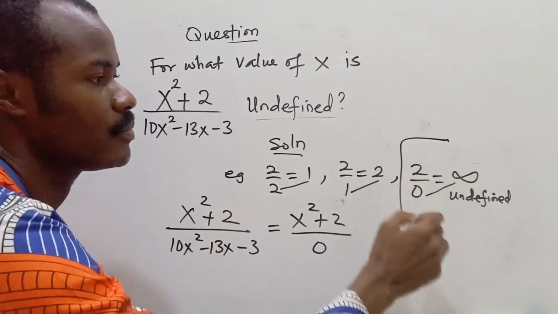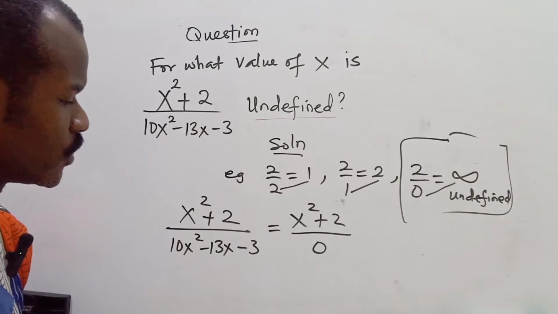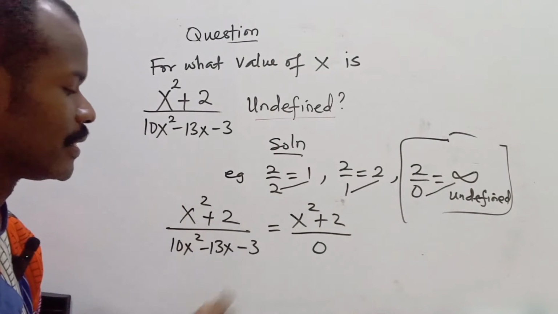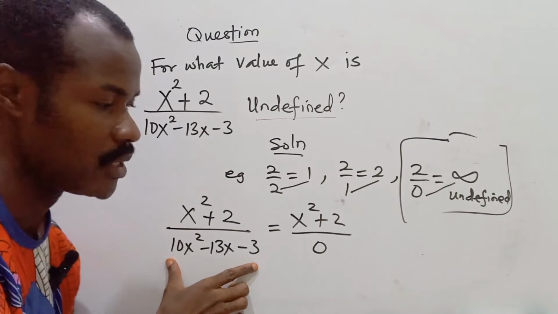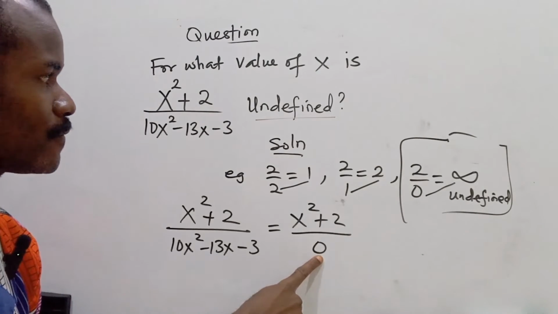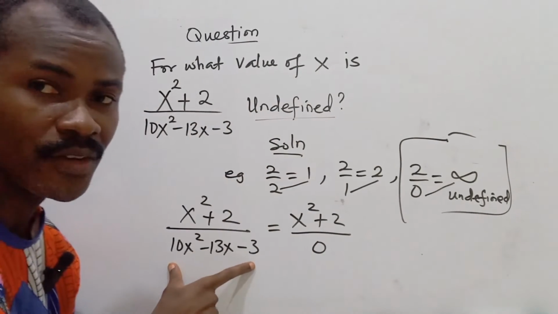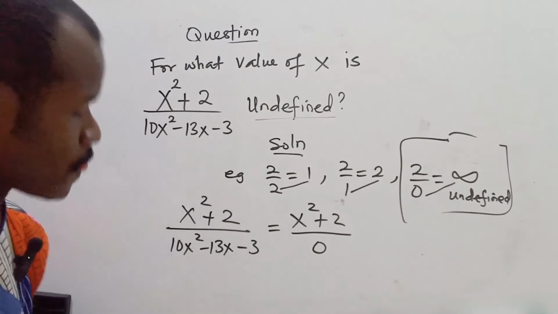So we are going to equate the denominator to 0. The value of x for which this is undefined is the value of x that gives us 0.